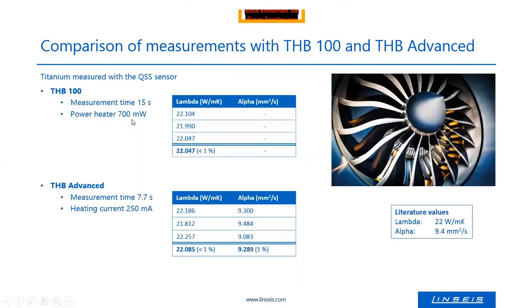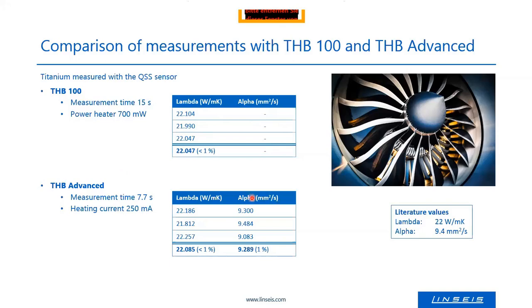And when we calculate the data, we fail for the THB 100 to get the alpha, the thermal diffusivity. It's not possible because the experiment is already too fast for that device. But lambda can be measured accurately. So for lambda, the older instruments are quite okay.